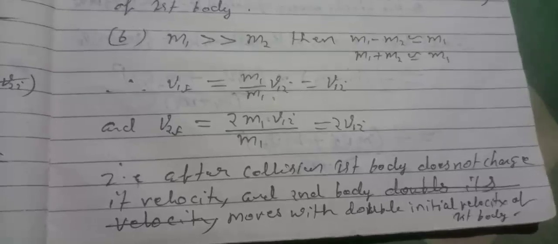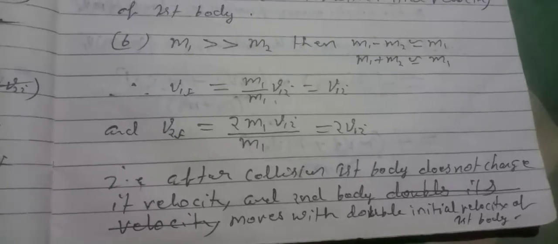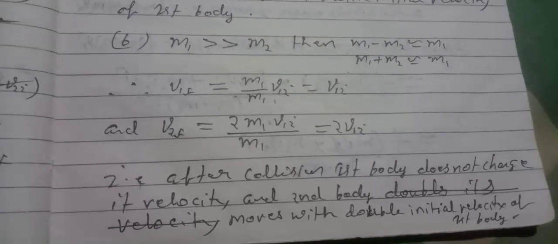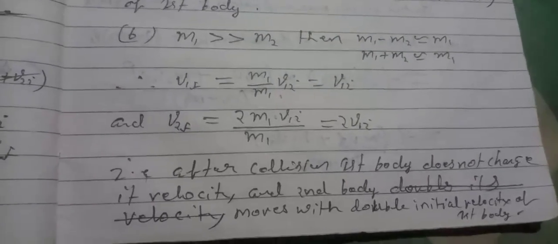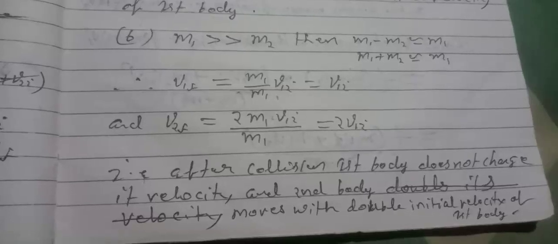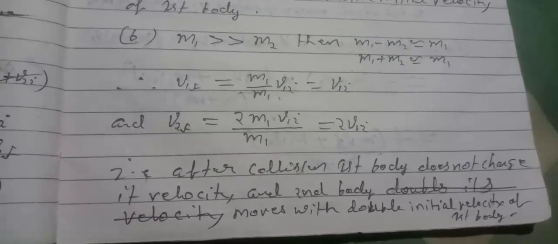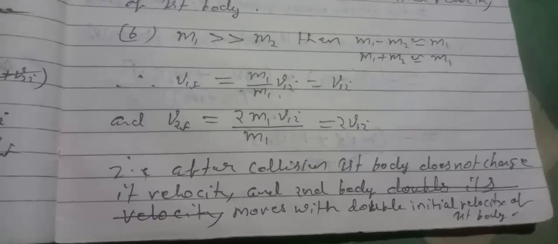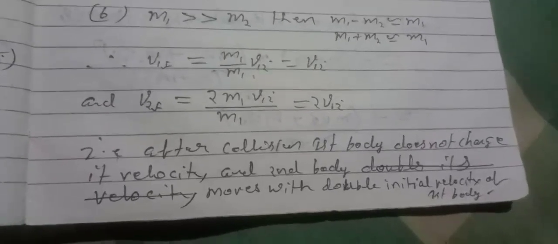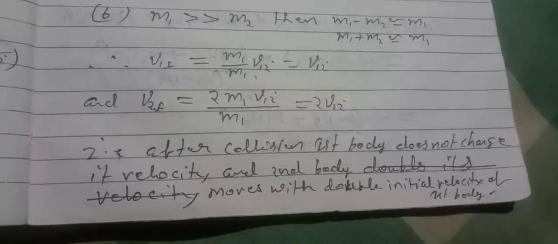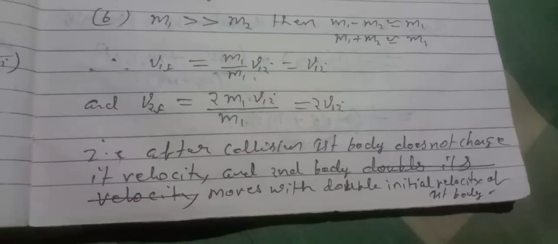That is, the velocity of the first body after collision remains the same, and the velocity of the second body becomes 2 times the velocity of the first body. After collision, the first body does not change its velocity and the second body moves with double the initial velocity of the first body.